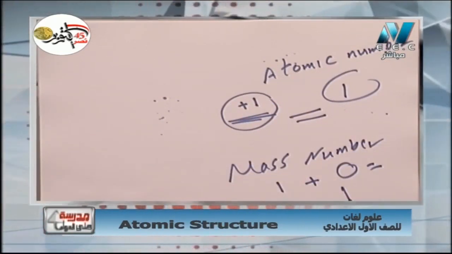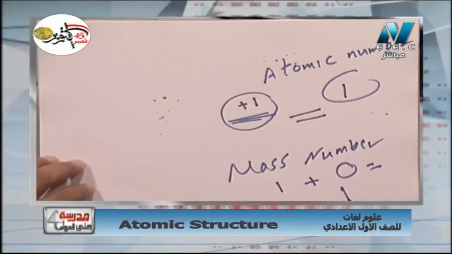Give reason: for the hydrogen atom, the atomic number and the mass number are equal because it has no neutrons. It is the only atom that has no neutrons, and its mass number equals its atomic number.